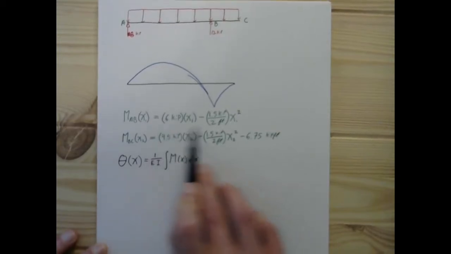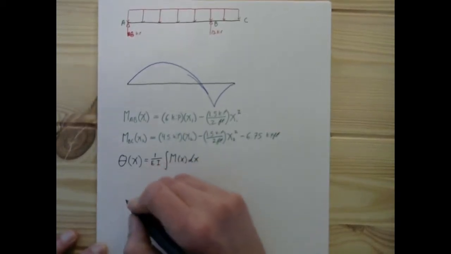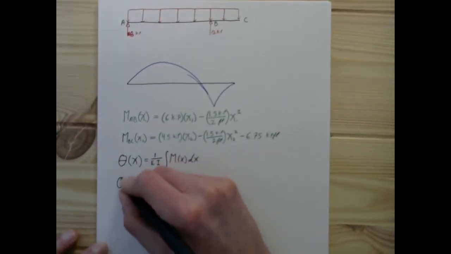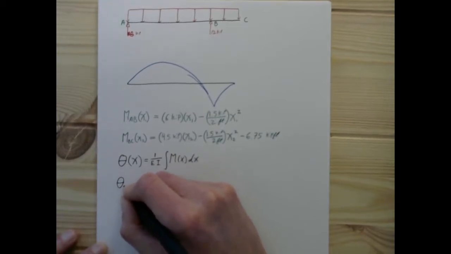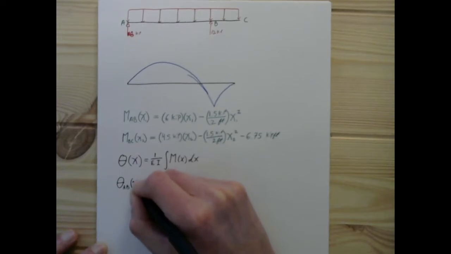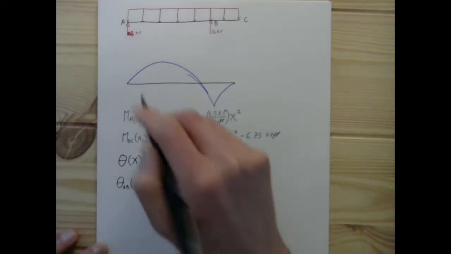But we're going to integrate this right here. The rotation function from A to B is going to be a function of x1, the one that starts right here.